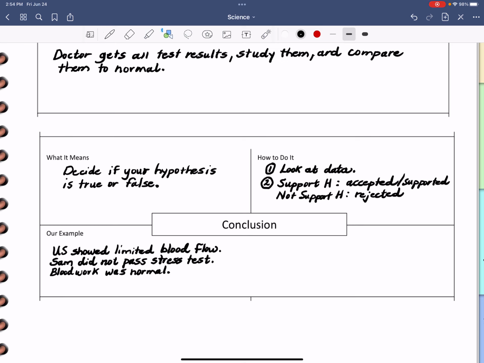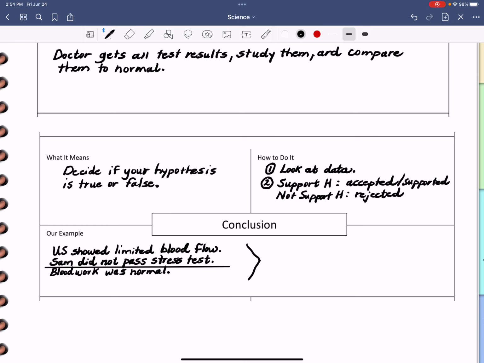So these two things do support the idea that Sam has a heart problem. The blood work being normal would not support that. So the doctor's going to have to draw some conclusions here to determine what he believes is happening.